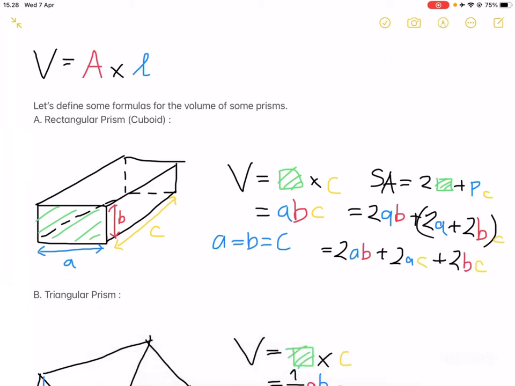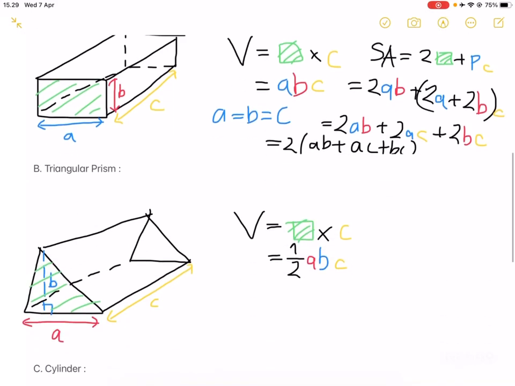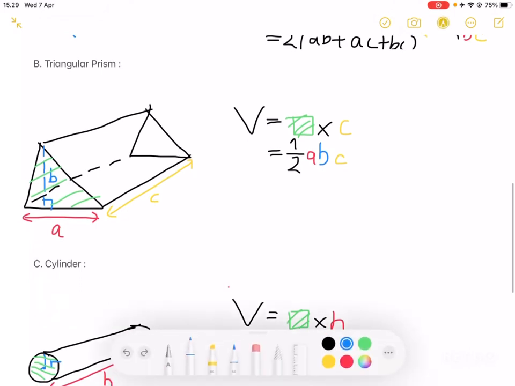Notice that we can factor out a 2, so we will have 2 times ab plus ac plus bc. So the surface area is 2 times, what's this? This is like a twofold product of the sides of our given rectangular prism. So that's pretty nice.